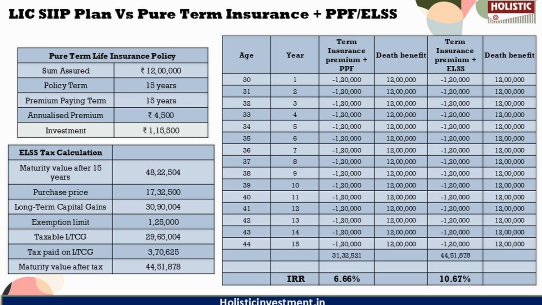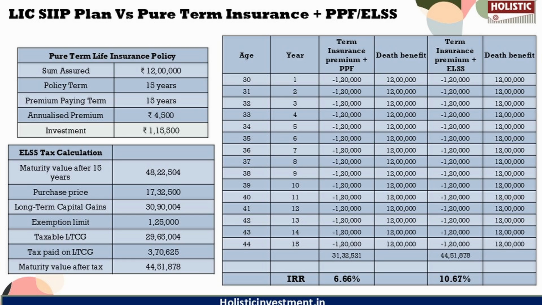So if you compare these returns to the best case scenario of the LIC returns, you can see that PPF is giving you guaranteed returns and even better returns than the LIC policy in the best case scenario, because it is a government backed product giving you tax free guaranteed returns. Here the pre-tax value of the ELSS fund is 48.22 lakhs and the post-tax value is 44.51 lakhs.